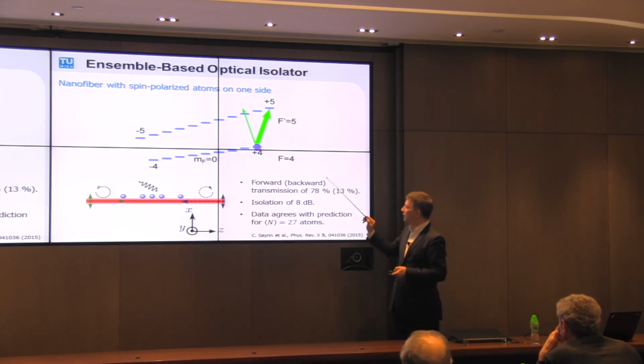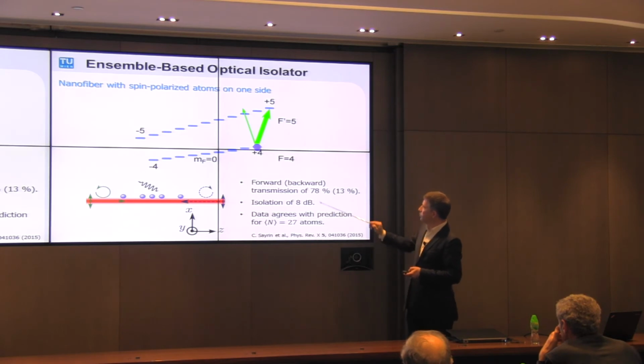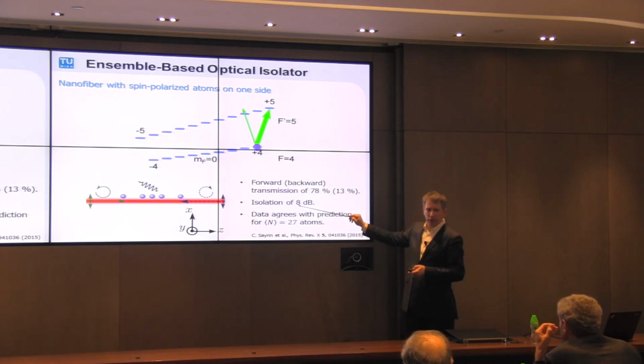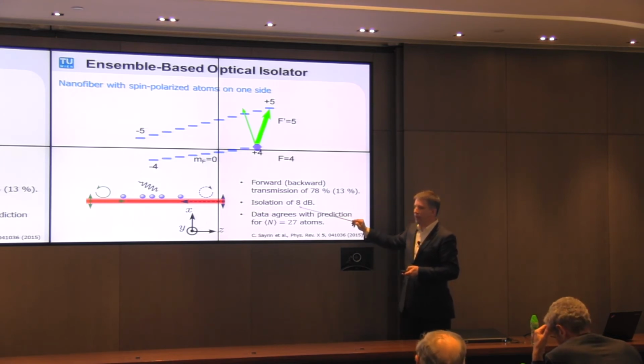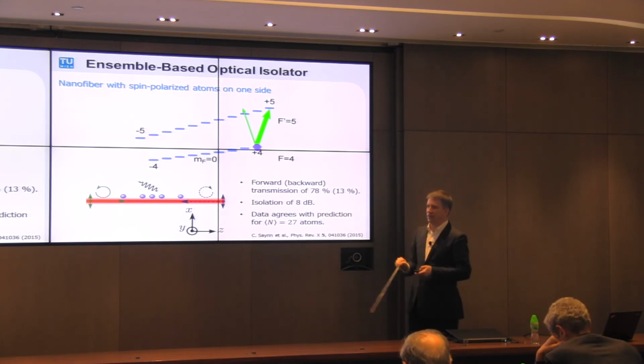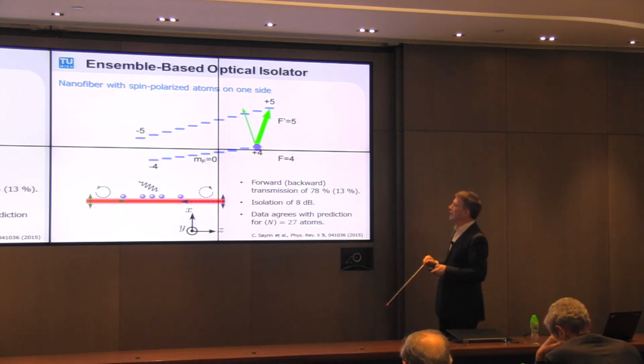But at the time when we did this experiment, this high forward transmission in conjunction with the high isolation was a world record for integrated optics. Okay? If you take as figure of merit the dB of isolation per dB of forward loss, then this was the best that was ever realized.